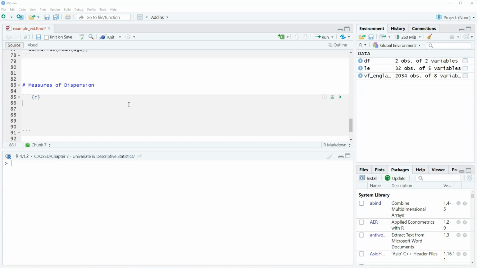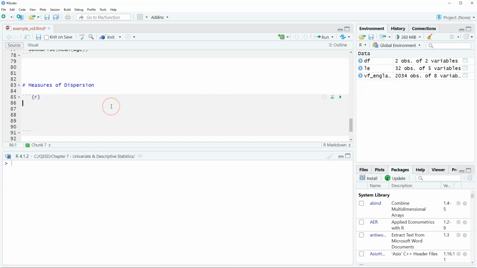The relationship between the two is that the standard deviation is the square root of the variance, or the variance is the standard deviation squared. This is where the difference in the unit of measurement comes from.